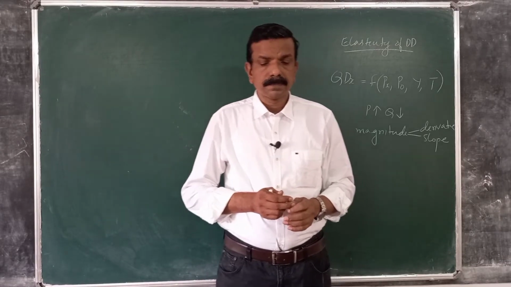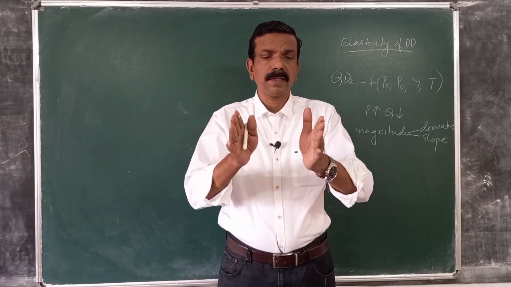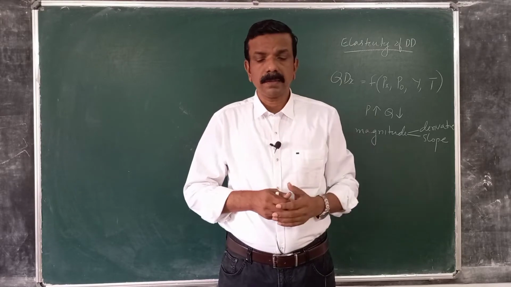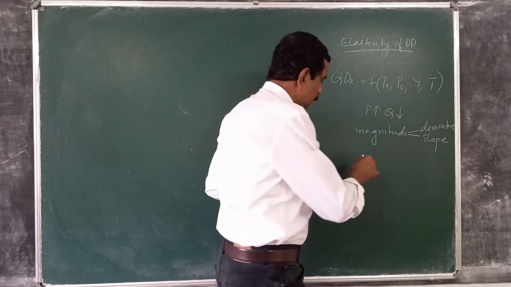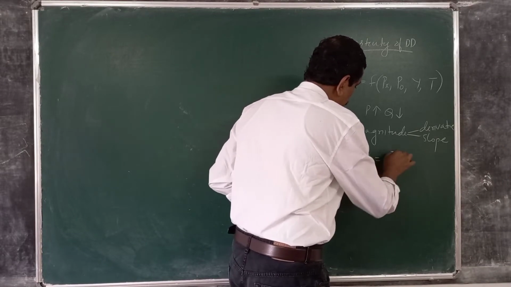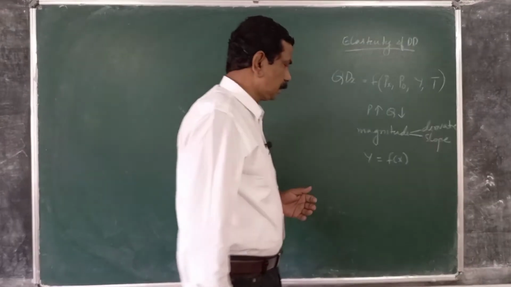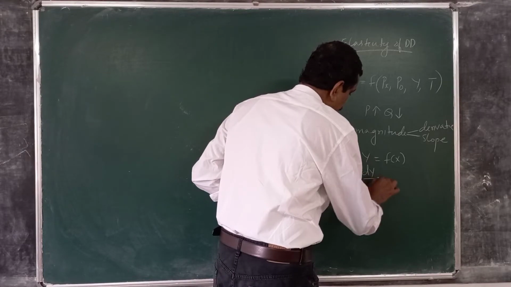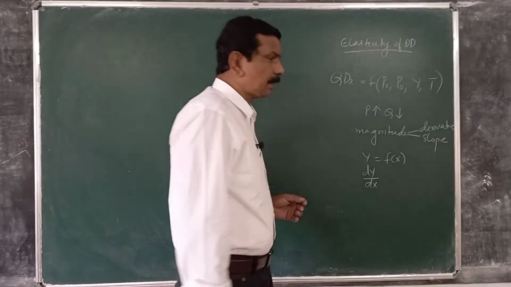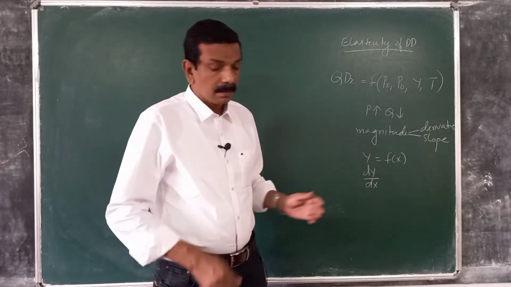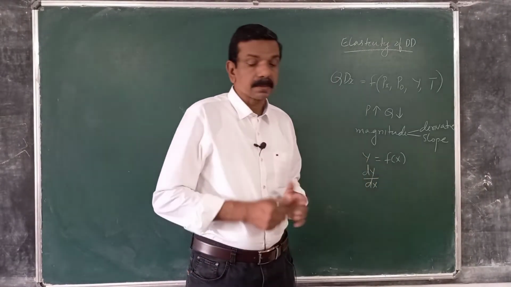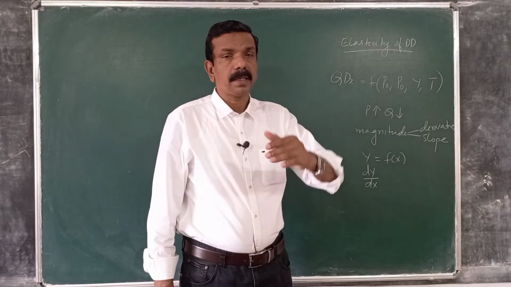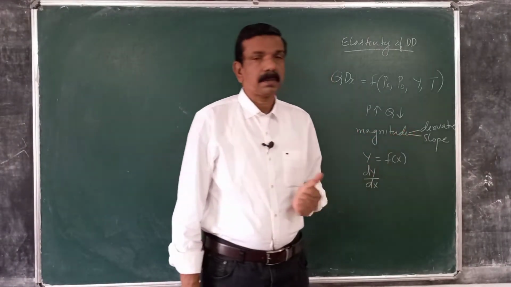For example, if y is a function of x, and there is a change in x and it affects y, then dy by dx measures the responsiveness of y to x, and larger the value of this derivative, larger will be the magnitude of responsiveness.